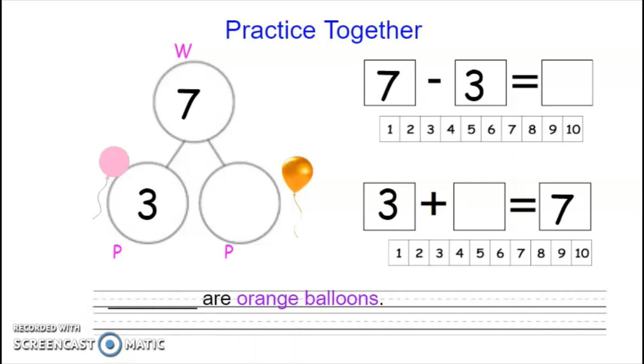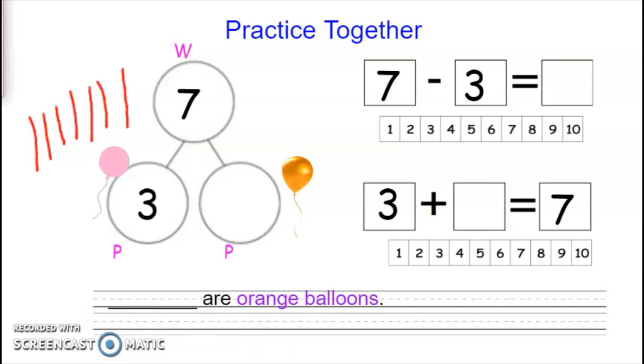So it looks like I have 7 balloons, and there are 3 balloons that are pink, and the other part of the balloons are orange. So we're going to go ahead and start off with drawing our 7 to show the whole. 1, 2, 3, 4, 5, 6, 7.